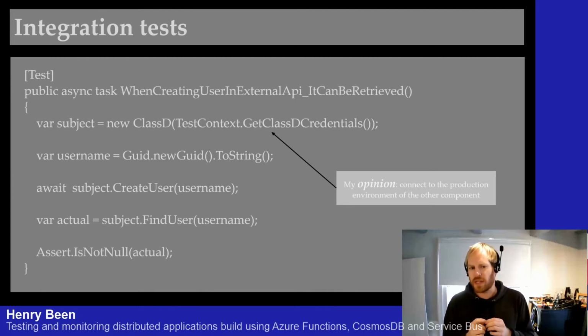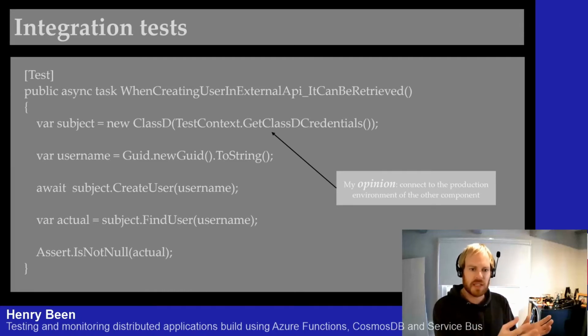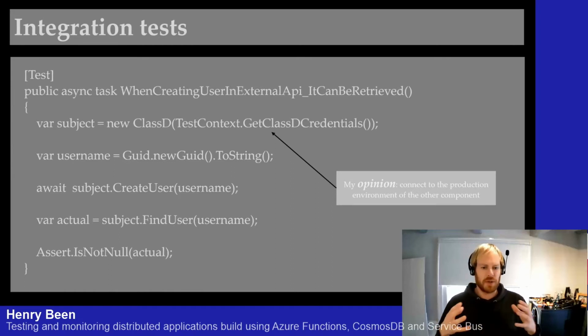Or when I am executing integration tests against Azure DevOps, maybe I can get an organization or a project that's just dedicated to my tests. Or when using CosmosDB, maybe I can get a CosmosDB database that's just dedicated to me executing tests. And I have a scope that I can use and doesn't interfere with their production and business.